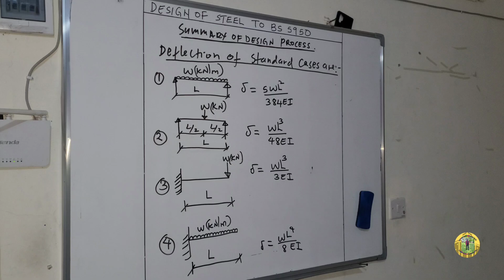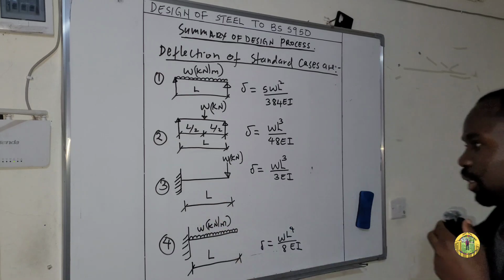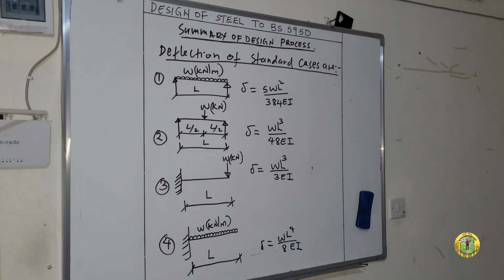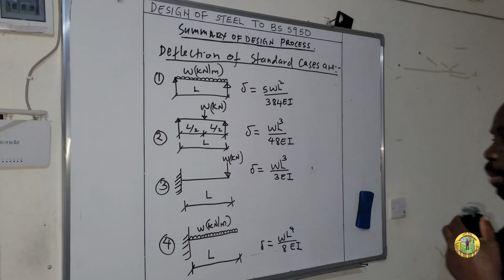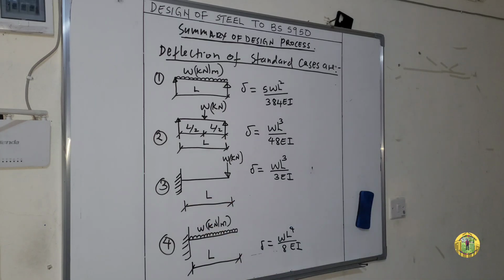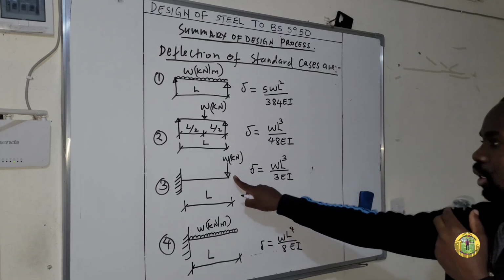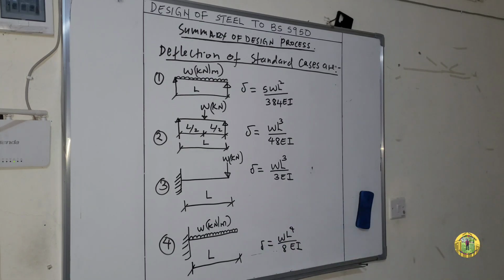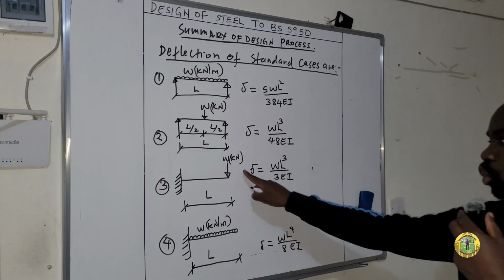Then we have case number 3, a cantilever beam. It is a beam which is permanently fixed at one side and hanging on the other side. It has a point load on the far end, which is W in kilonewton.